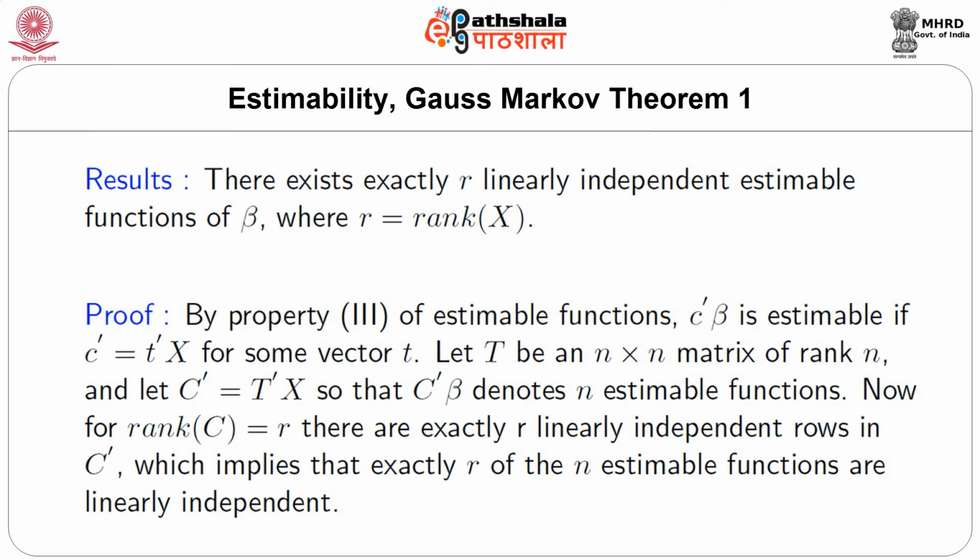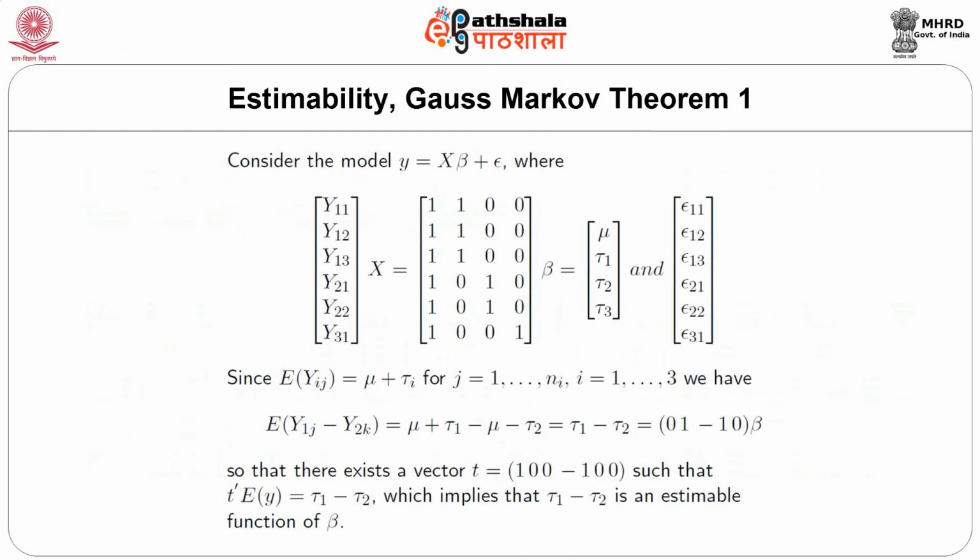Now for rank C equal to r, there are exactly r linearly independent rows in C prime, which implies that exactly r of the n estimable functions are linearly independent.